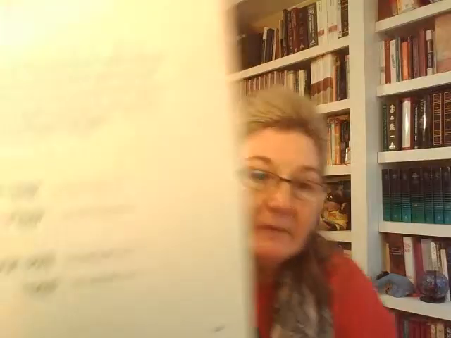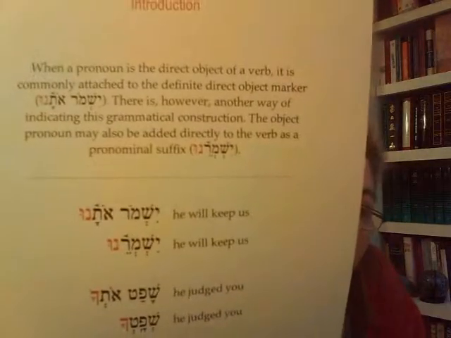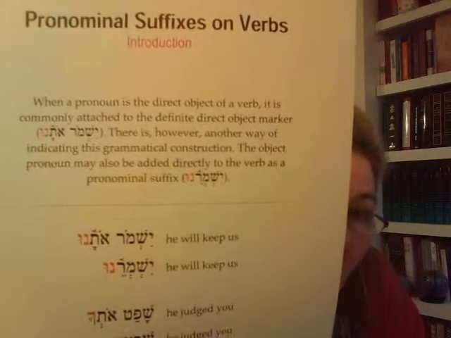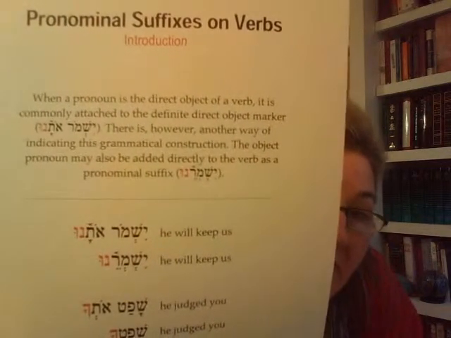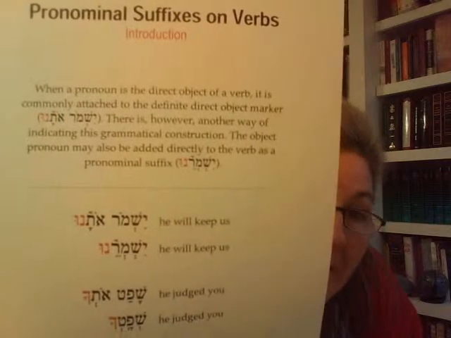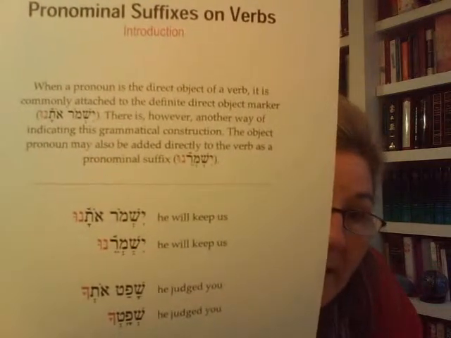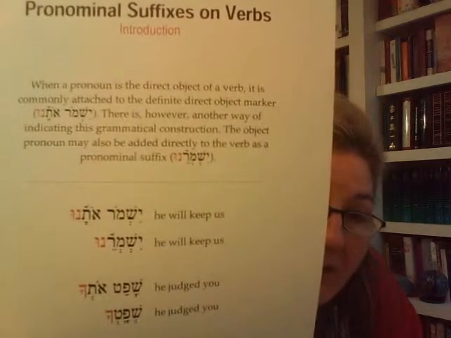But again, go back and look at the section on nouns with pronominal suffixes and review those rules. Now here on this sheet, when a pronoun is the direct object of a verb, it's commonly attached to the definite direct object marker. There is, however, another way of indicating this grammatical construction.